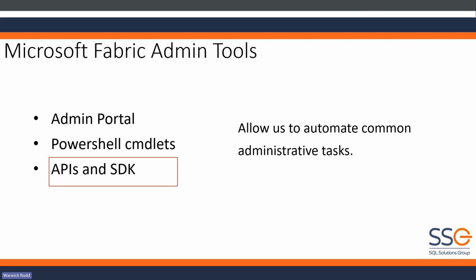If you do, you're a lot smarter than me, but hey, I'm okay with that. But these are the things that are available to assist you in managing and maintaining the Fabric environment, as well as making your life easier in automating and administering it.